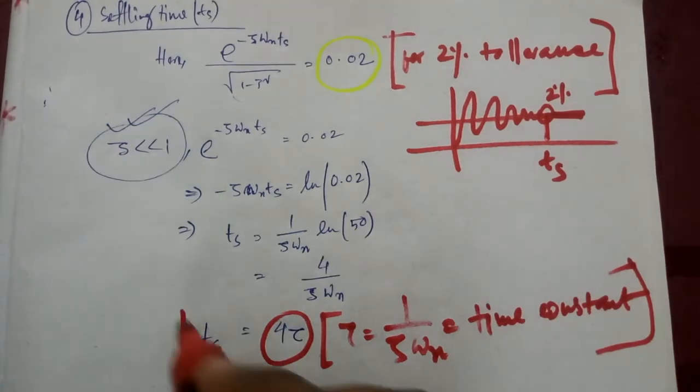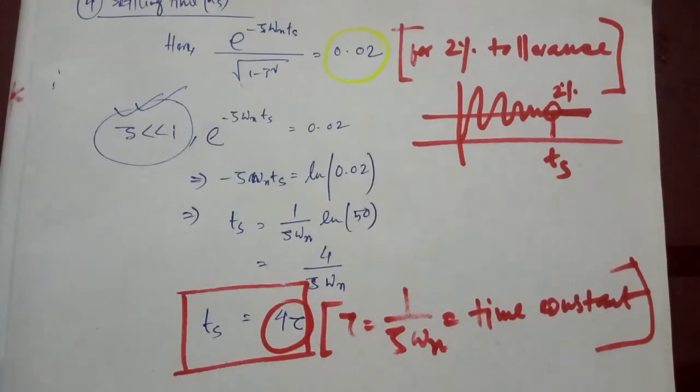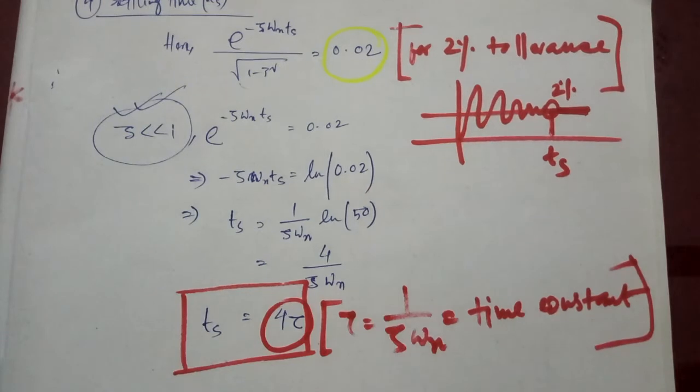This is a very frequently asked question in MCQs also. That is, directly 4 tau will be given and we just have to tick the answer. So the derivations are done. The most important thing is you have to remember the direct formulas, from which it basically comes.